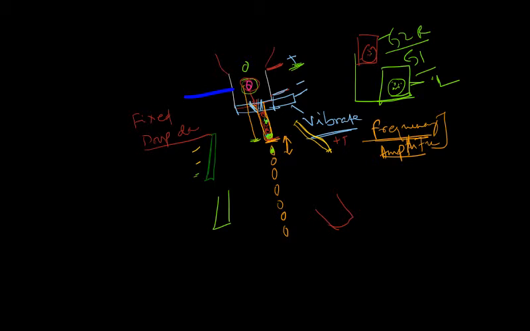Under the influence of the external electromagnetic field, a positive charge carrying droplet deviates towards the negative voltage plate.